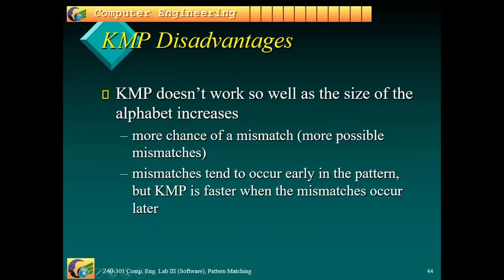The disadvantage associated with this is that it doesn't work so well as the size of the alphabet increases, and there are more chances of mismatch when the alphabet set is increased. That mismatch tends to occur early in the pattern, but KMP is faster when the mismatches occur later. If the mismatches occur later, then it is good. It is faster.